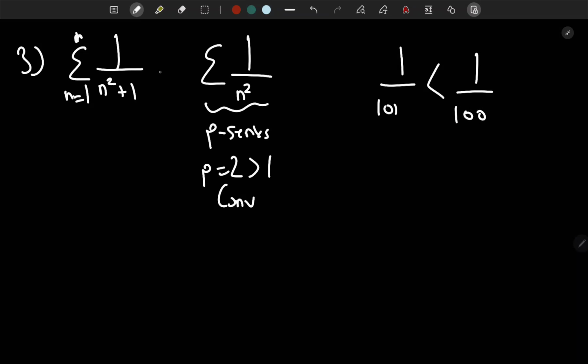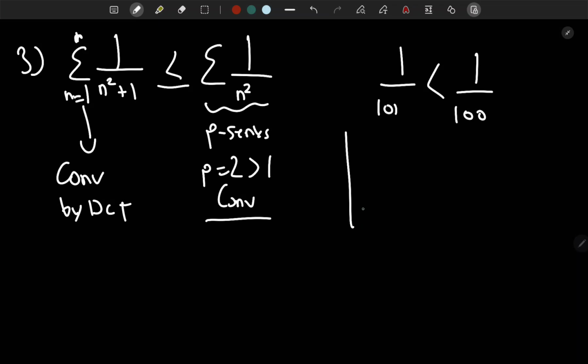So here you can say b of n is more than or equal to a of n. We know that this is converging, so this has to also converge by DCT. And if you draw the graph here, this is b of n, it's converging, and a of n has to be less than b of n, so it also is bounded by this line and it's also converging.